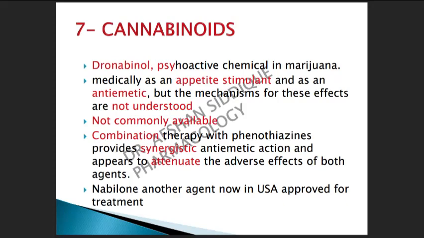These are commonly not available. Legal medications, these are not available freely. Their combination therapy with phenothiazine provide a synergistic anti-emetic action and appears to attenuate the adverse effect of both agents.